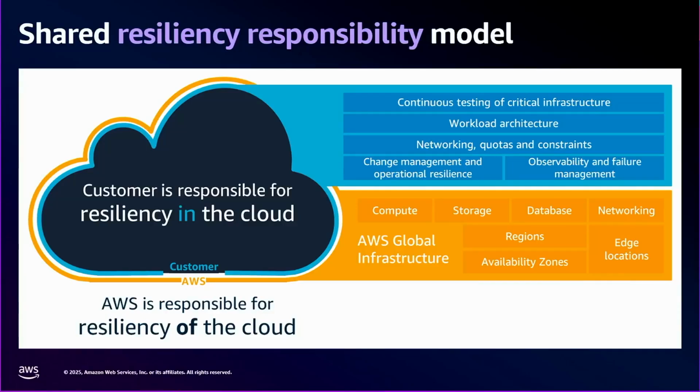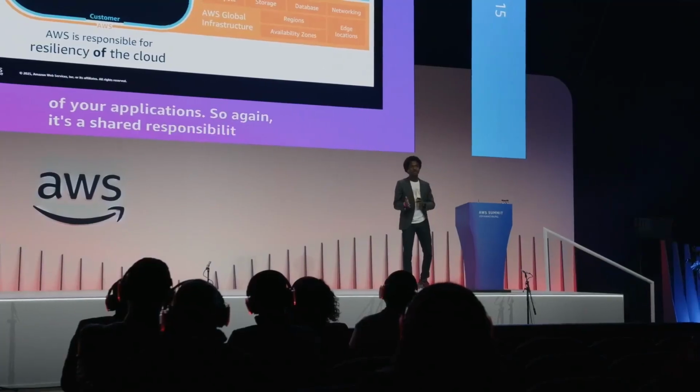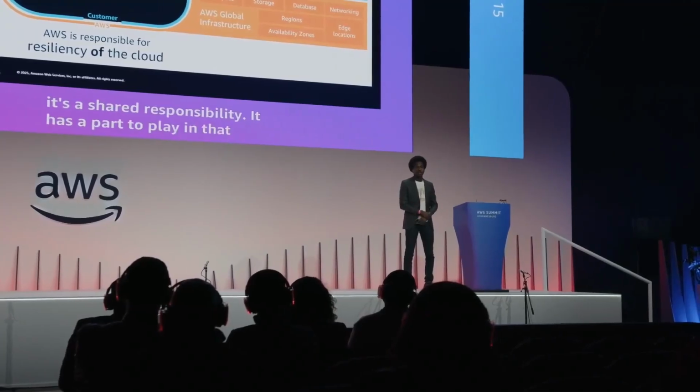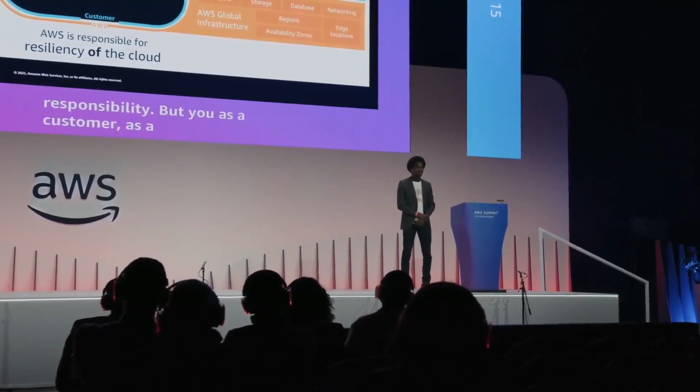And it's also your responsibility to do things like continuous testing to verify the resilience posture of your applications. So again, it's a shared responsibility. AWS has its part to play, but you as a customer, as a builder running on AWS, also have a role to play.